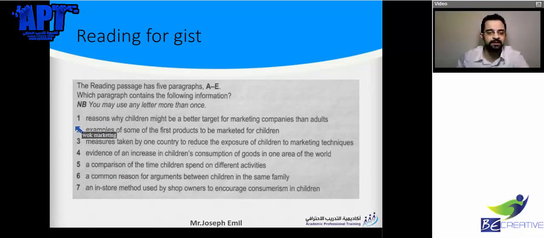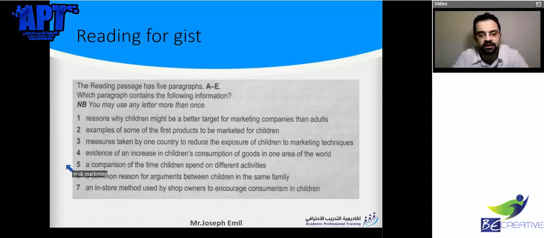1. Reasons why children might be a better target for marketing companies than adults. 2. Examples of some of the first products to be marketed for children. 3. Measures taken by one country to reduce the exposure of children to marketing techniques. 4.